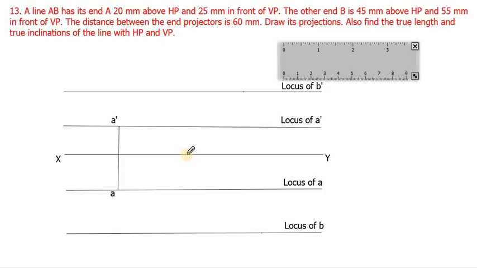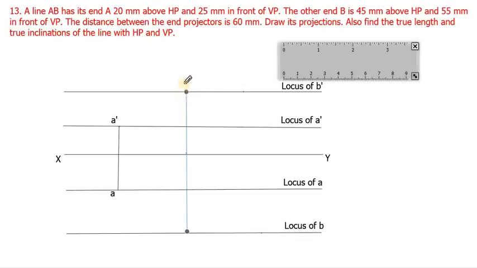I am using a different color for easy understanding. So this is the 60 mm line. This will be the end projector. Draw the end projector line, that is a vertical line crossing this point which we have taken 60 mm from A dash and A, up to the locus of B and the locus of B dash.